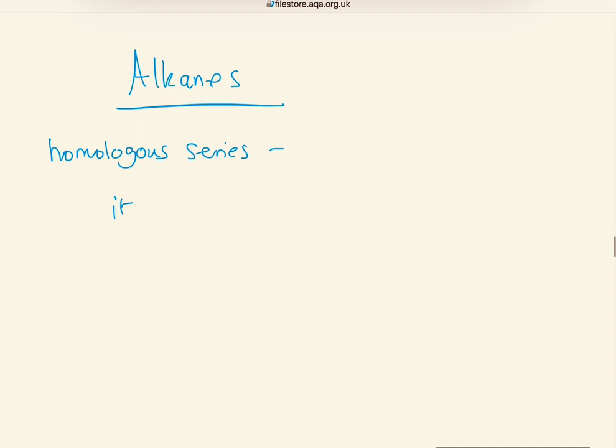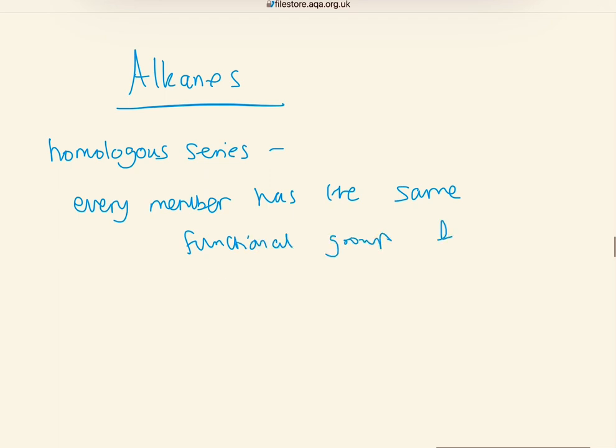Everything in the same homologous series has the same general formula. So every member has the same functional group and general formula. And each consecutive member differs by 1 carbon.